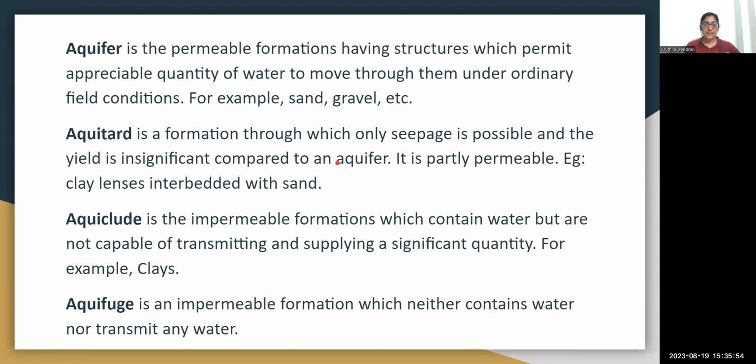So if sandy materials have some clay portions in between them, then it is called an aquitard. Or clay silt interbeds and sandy silt interbeds all come under aquitard. Examples for aquicludes are clay materials, and aquifuge is granite rock and everything.